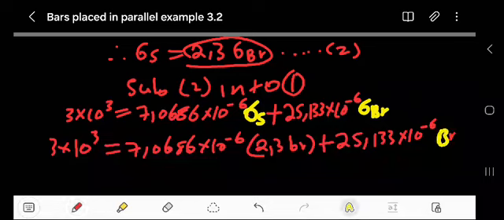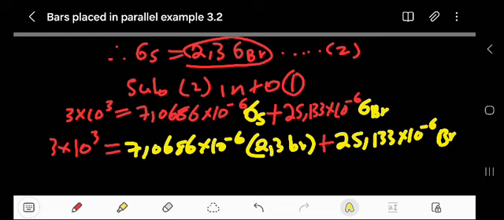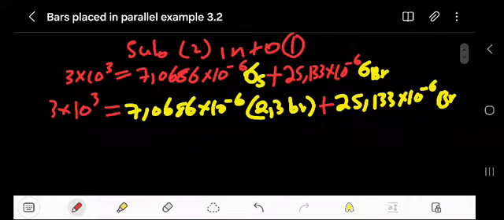So we have bronze, substituting there. Multiply this first. After you've multiplied this, you add this. If you know your maths, you know what to do there.